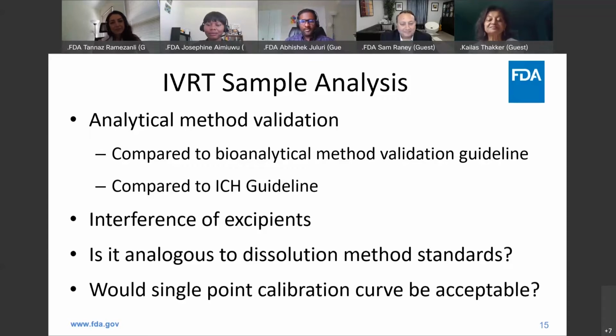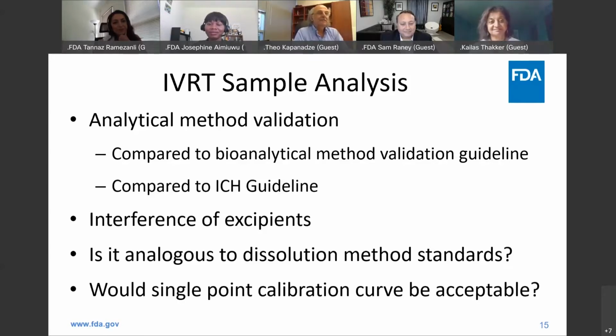We have also been asked to follow bioanalytical method validation, and we do it. Quite challenging sometimes. Let's say the standard preparation should not be needed. It should be treated by the placebo, which is in the bioanalytical method validation.